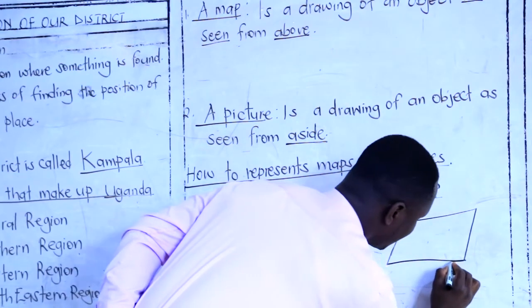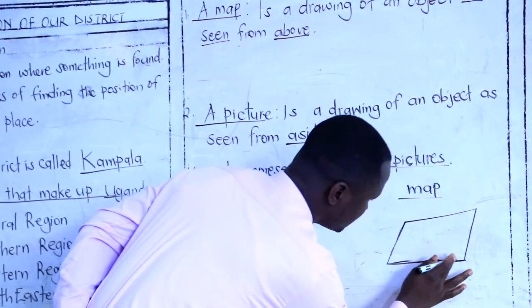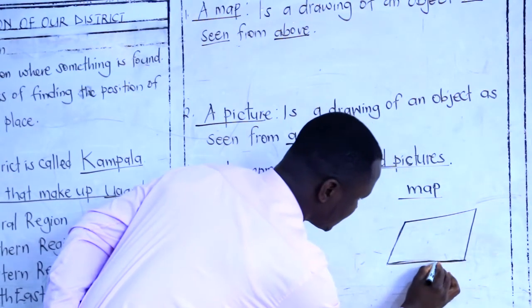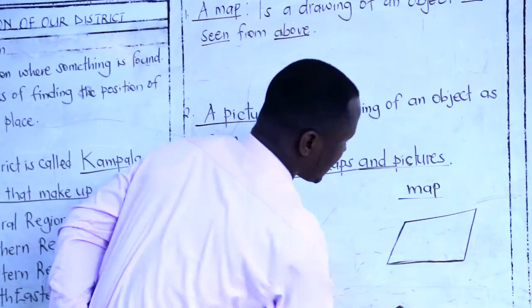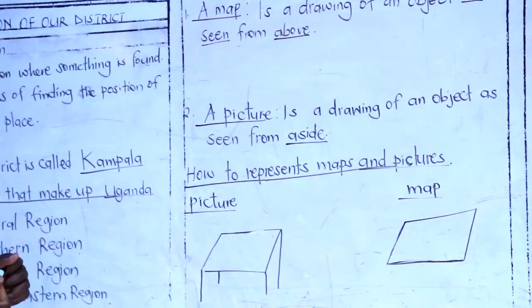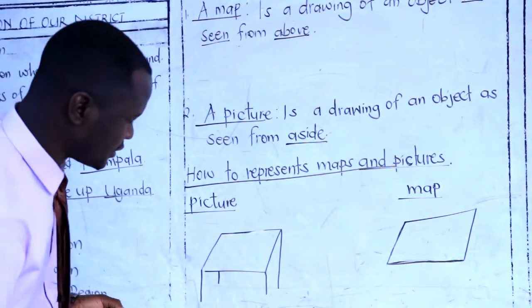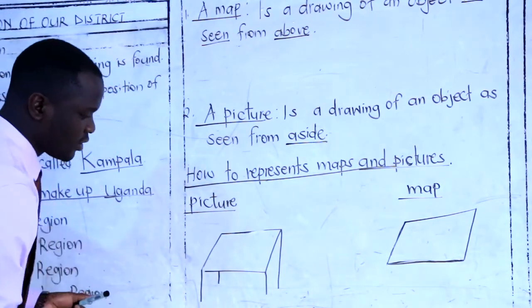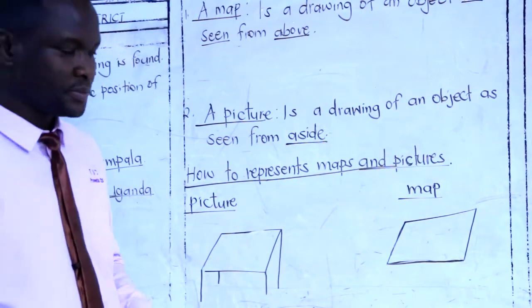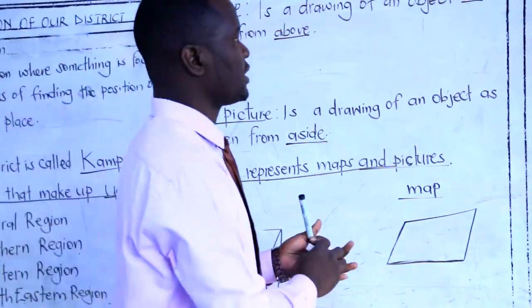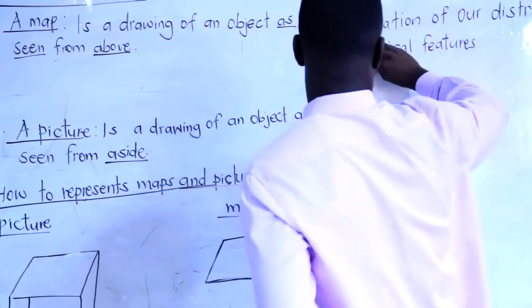So we shall have our diagram drawn like that. So this is the map symbol for a table. Then if we had others, for example, we can have a map symbol for a hat. Or let's begin from a tree. There is no space this way, so let me draw it this way.